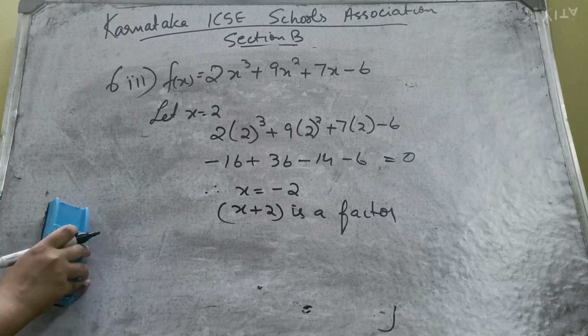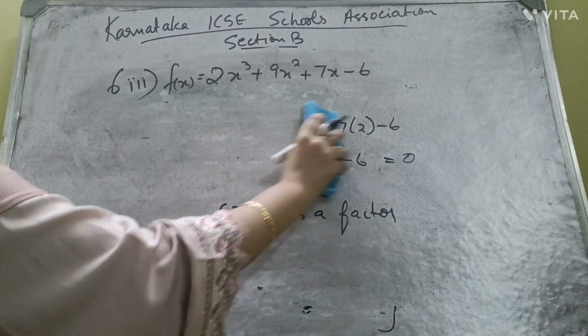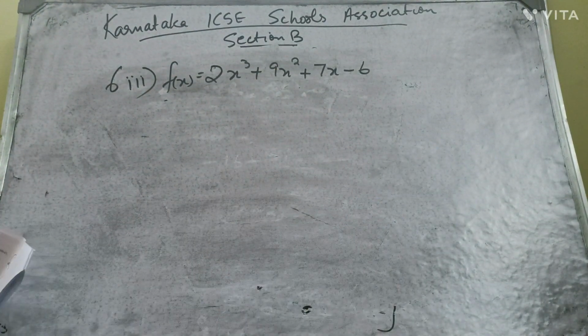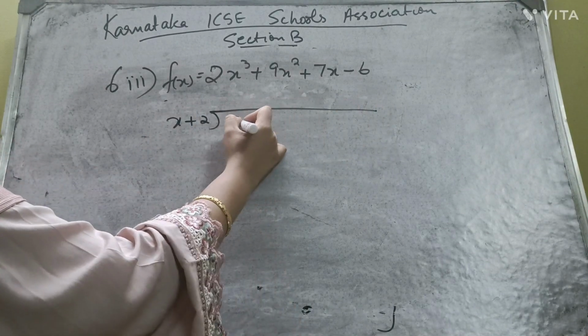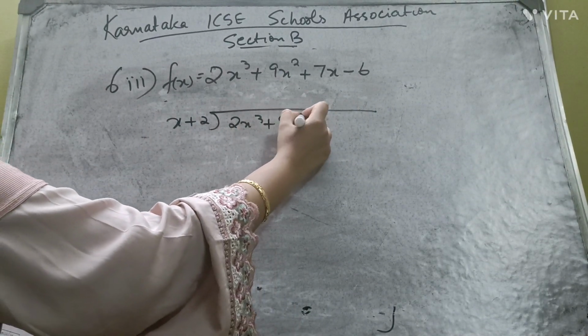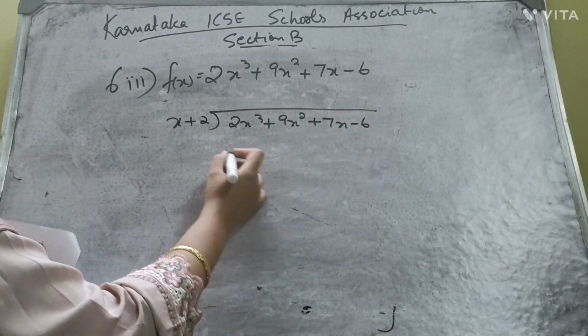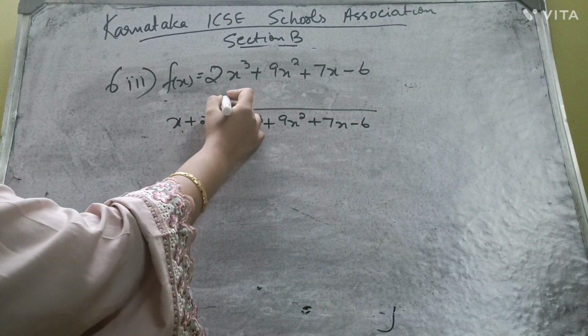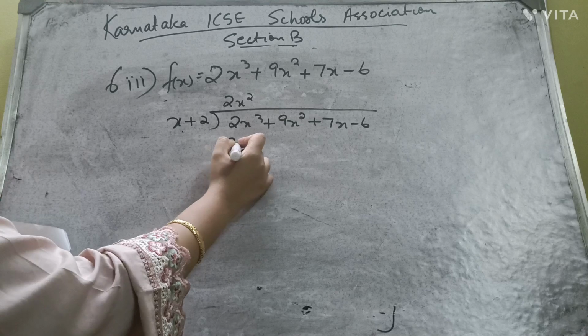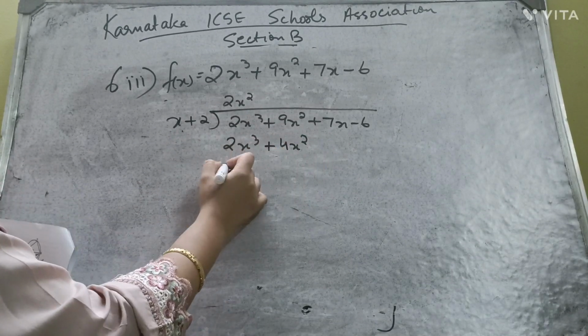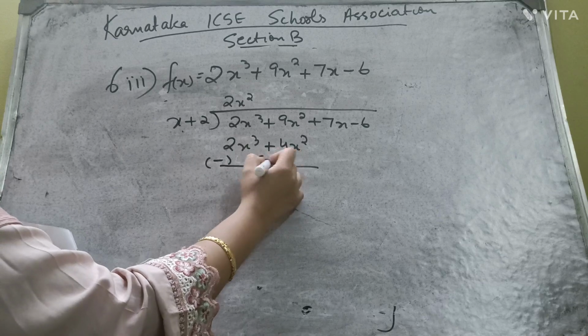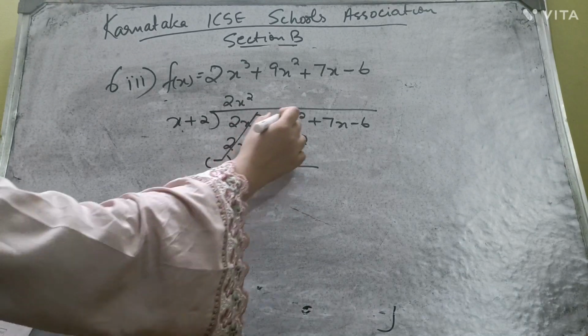Now once you have selected the factor, you need to divide this polynomial by the factor that we've got. So x you need to multiply with 2x square to get 2x cube. Then 2 into 2 will be 4x square.